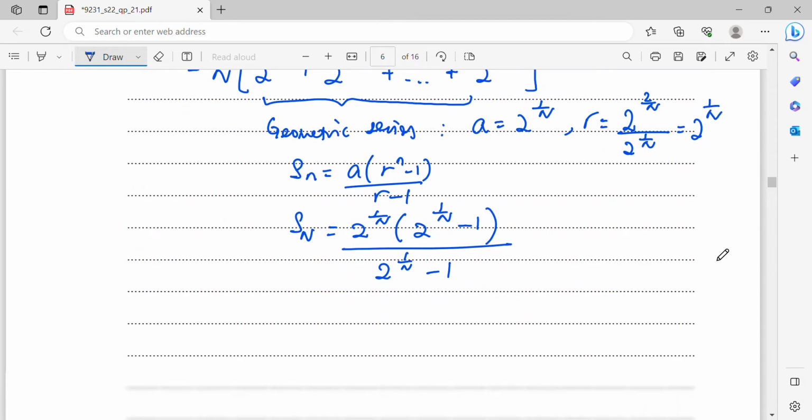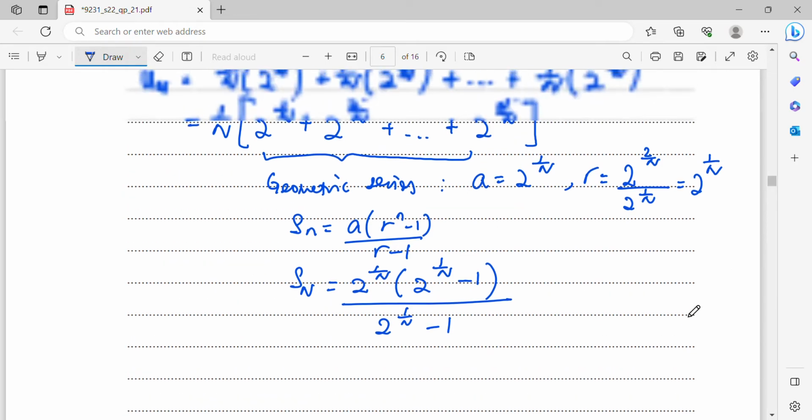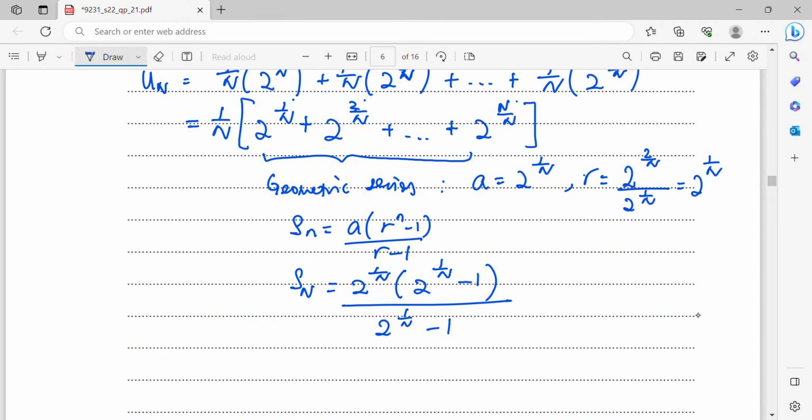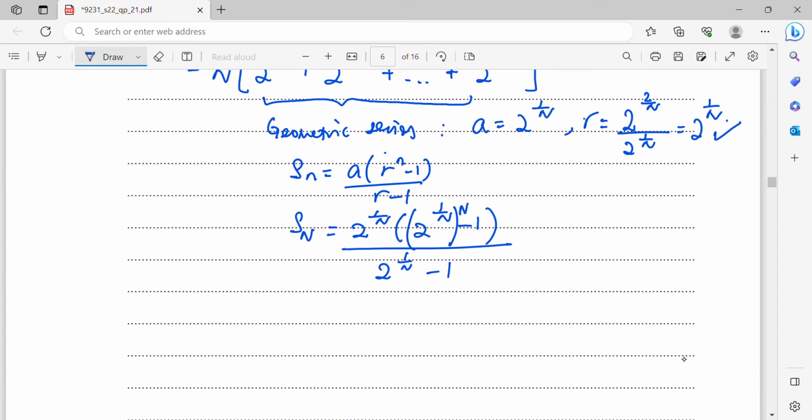Now I will simplify this first. Careful with this: this r is 2 to the power of 1 over n, right? But I forgot to write the n. How many terms? There will be n terms. So from here I will simplify 2 to the power of 1 over n, to the n.